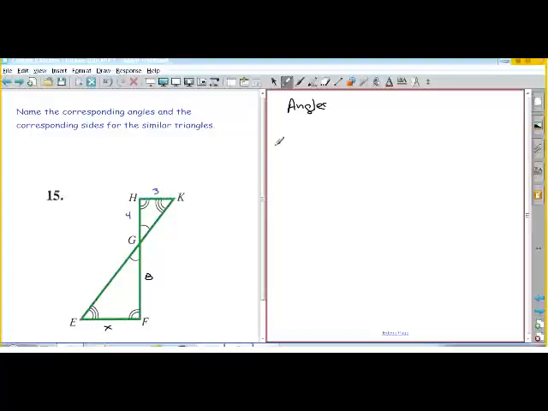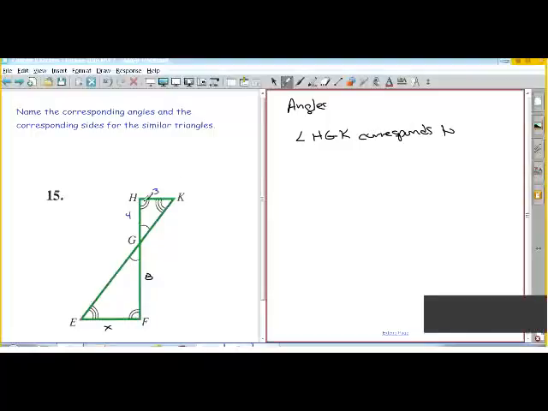So the way we would do it is we would use these letters. So I would say angle, and let's do this one first, the single sweep. So this angle is HGK. And that corresponds to this angle.